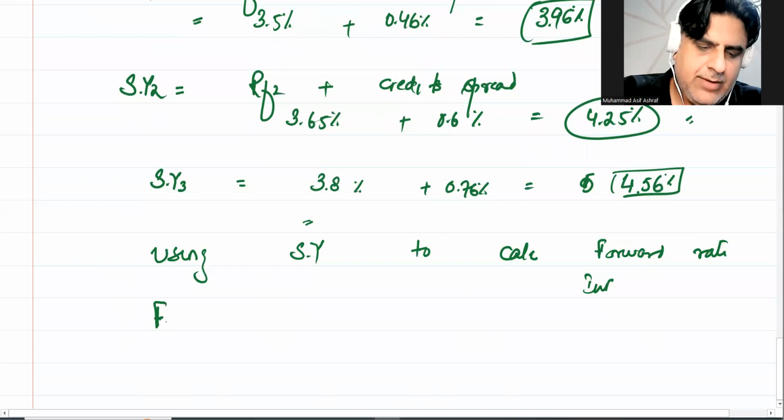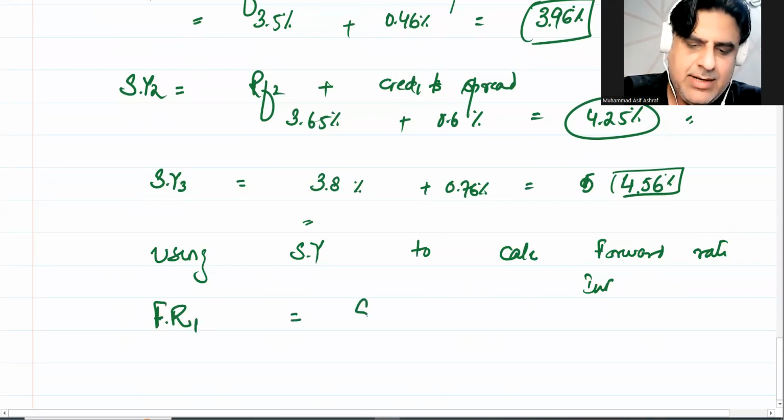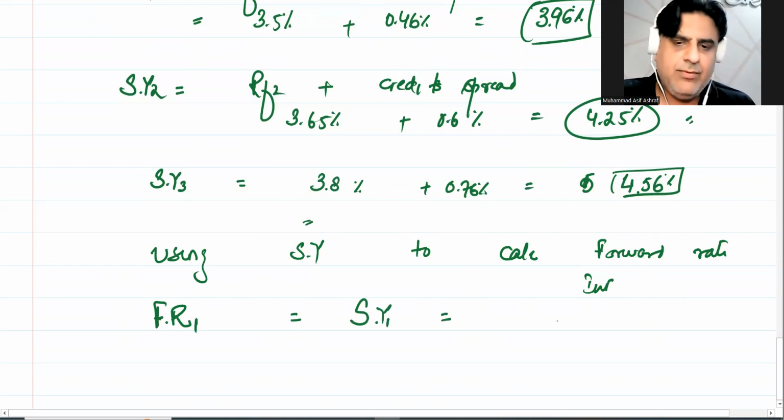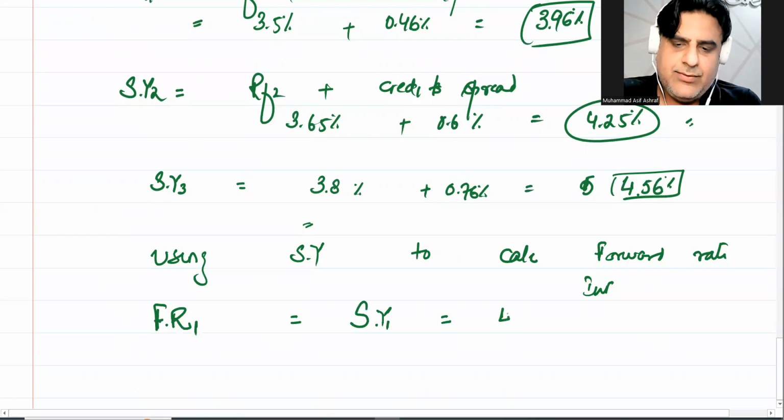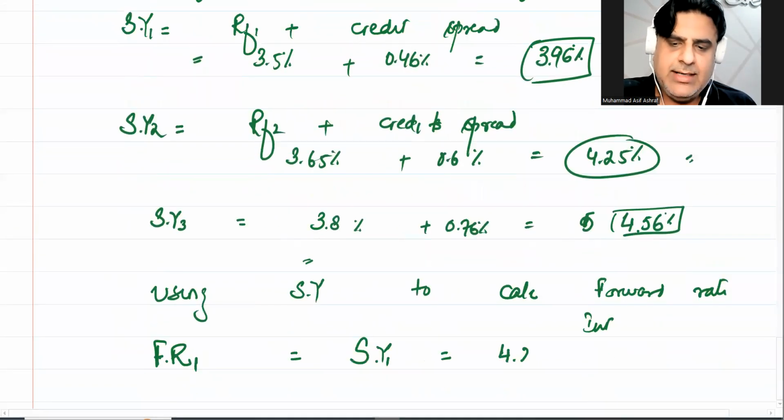First of all, always remember that forward rate of year 1 would be the same as the spot yield of year 1. What we have calculated, it was 3.96%.